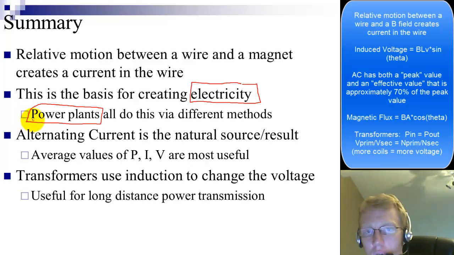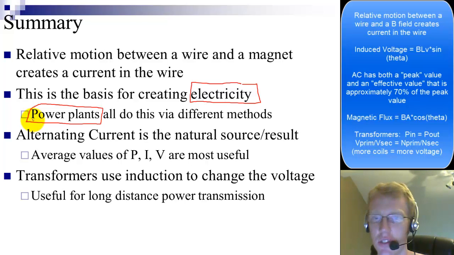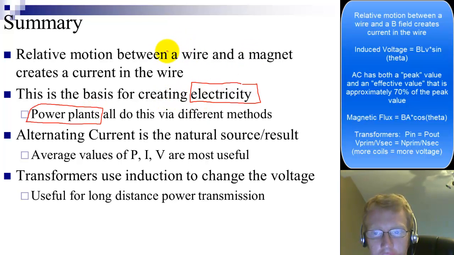But in a coal or a nuclear power plant, they burn coal or use nuclear fission to create a lot of heat, and that heat is used to boil water, which makes steam, and then the rising steam turns turbines, which are connected to magnets, which are near coils of wire to generate current. So all of the traditional power plant types, except solar power plants, which are completely different, create electricity by doing this kind of rotation of a wire and a magnet relative to each other.